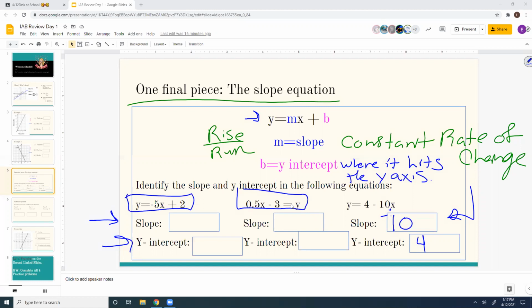Nice job. So our slope is going to be 10. Nice job. Then our y-intercept is just that number all by itself, no x attached to it. What's our y-intercept? Yes.